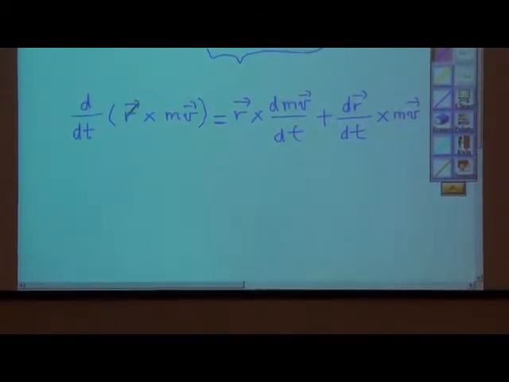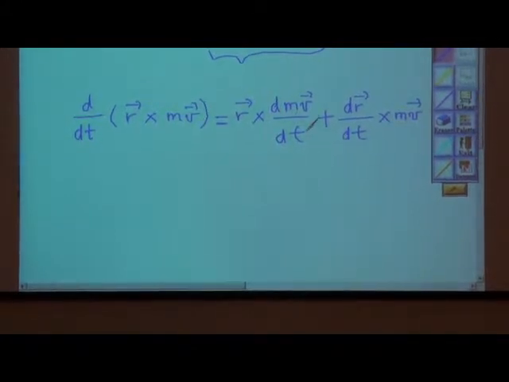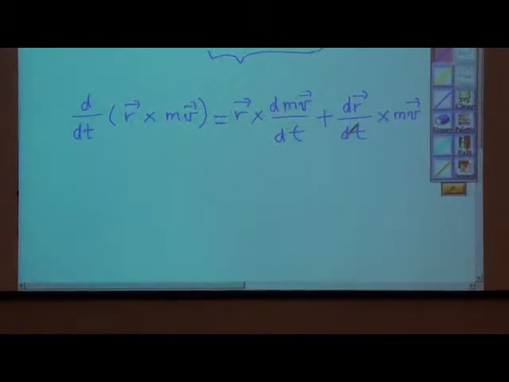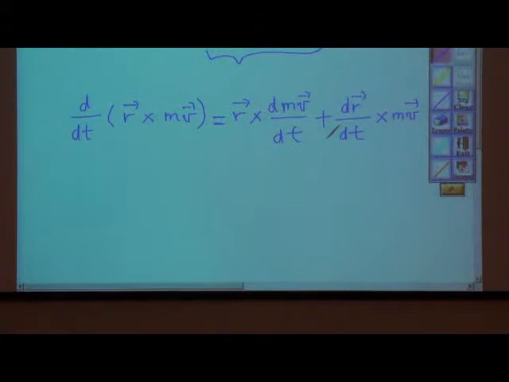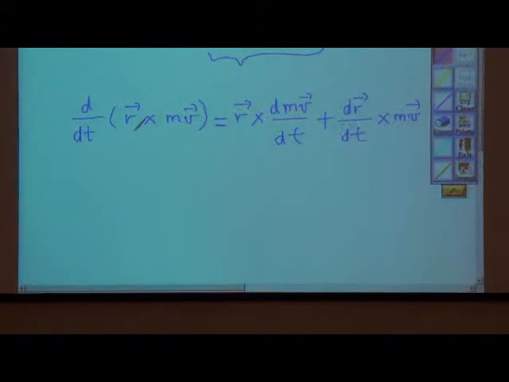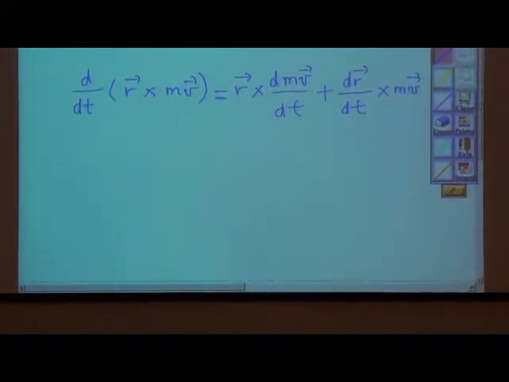Time derivative of the first one cross the second one plus the time derivative of the second one cross the first one. And we will need to be very careful with the order because R cross MV is not equal to MV cross R. There is going to be a negative sign if you were to write them in relation.